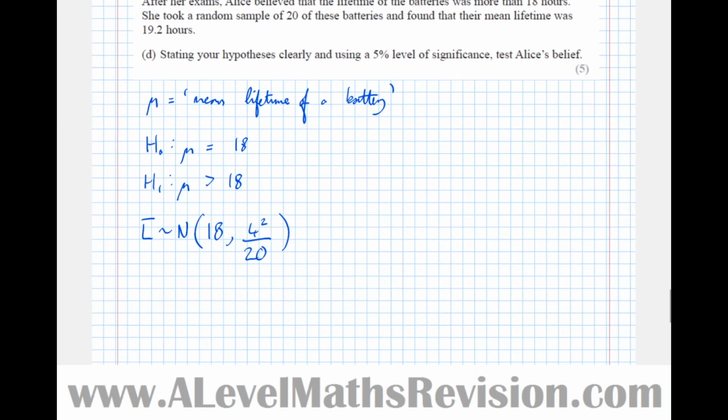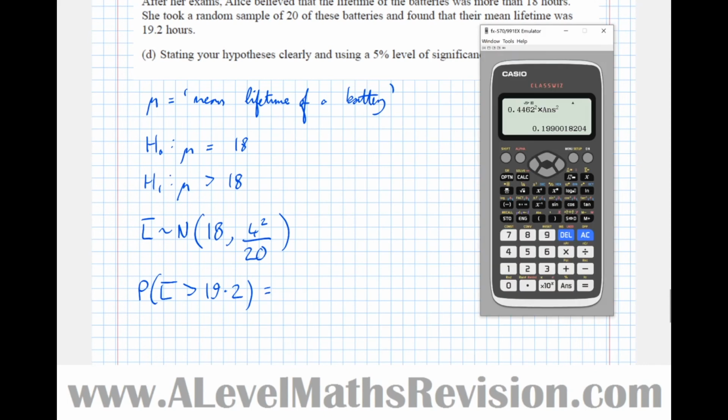So now we want to find the probability that L bar is greater than our observed number. The reason is we know that it's a greater than test here. So equals, let's put it straight in the calculator. So it's a normal cumulative distribution. The lower bound 19.2, the upper bound infinity.